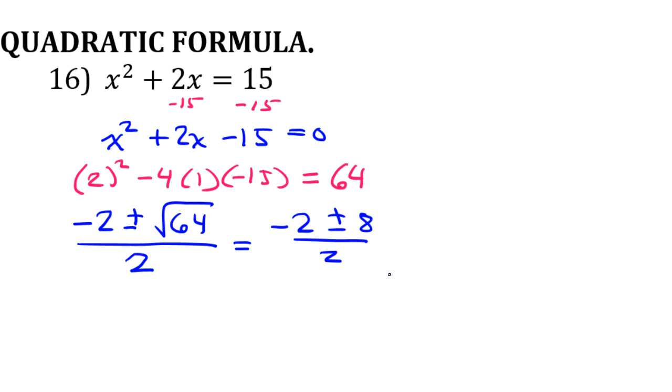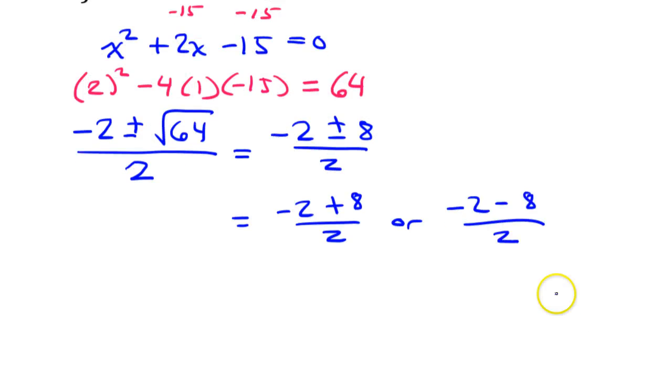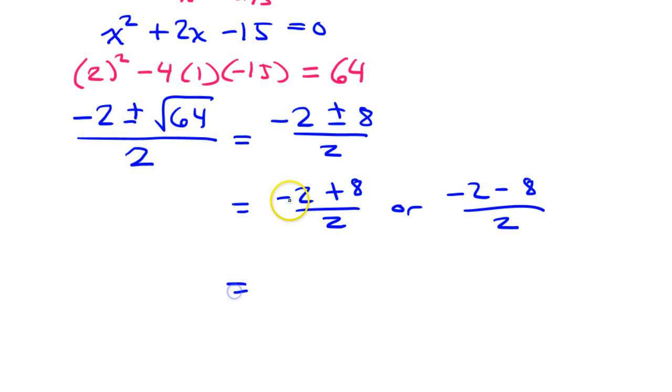So you need to do your plus or minus right now. This means negative 2 plus 8 over 2 or negative 2 minus 8 over 2. That's what plus or minus really means. So don't try to do the GCF or anything. Just do the problem. So negative 2 plus 8, that's 6.